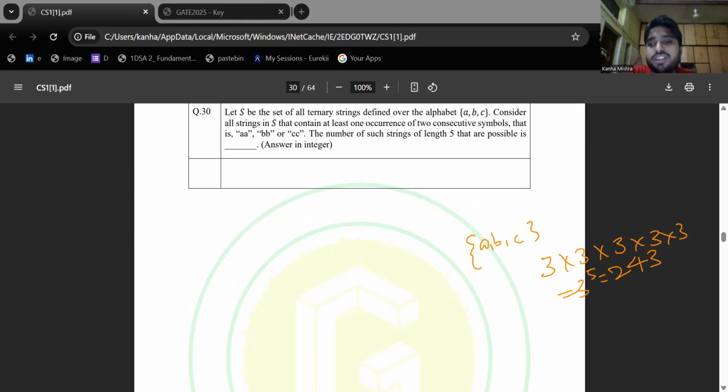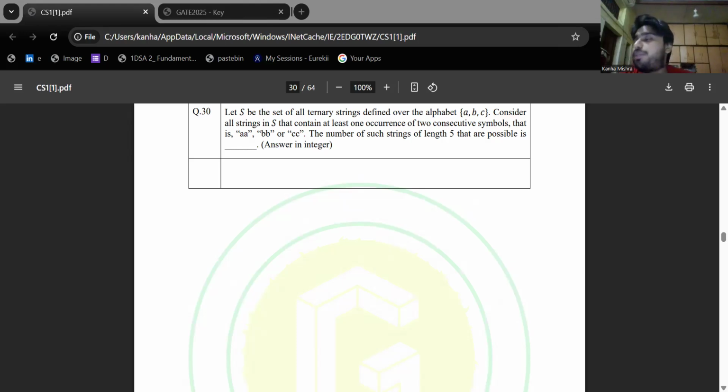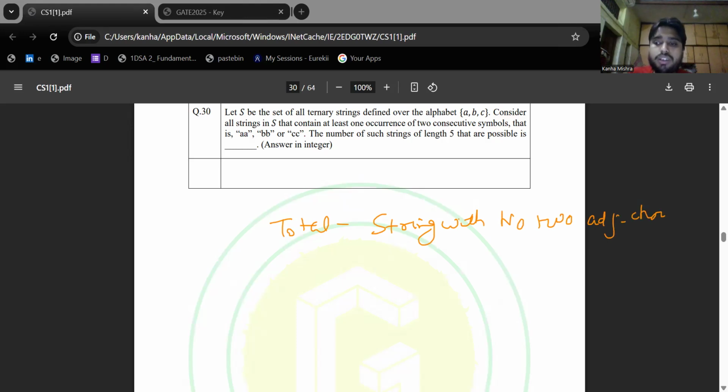Now, once we know this piece of information, let's understand the complement principle. Instead of directly counting all those strings with AA, BB, CC, the answer will be the total strings minus the strings with no two adjacent characters the same. So we will count the strings with no two adjacent repeats and subtract it from the total strings.